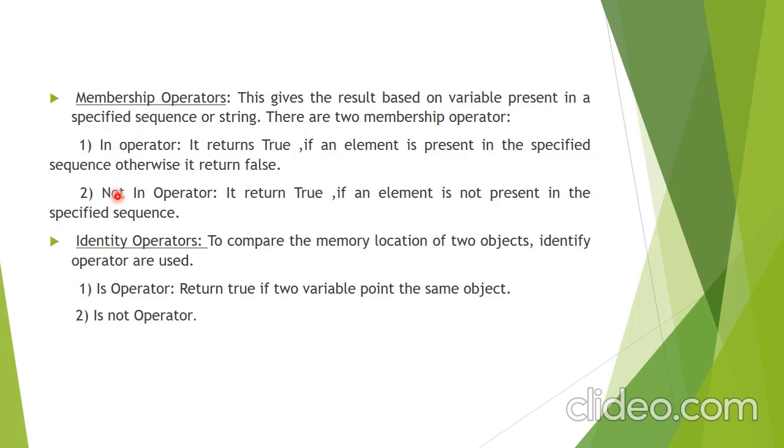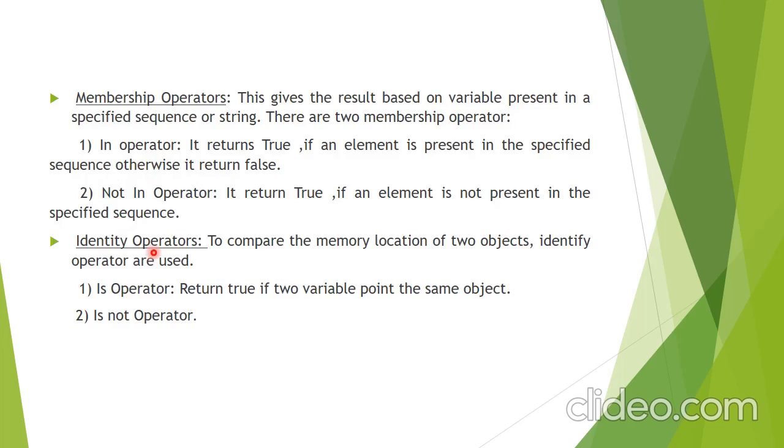There are two membership operators: the in operator and the not in operator. The in operator returns true if the element is present in the specified string or sequence, and the not in operator returns true if the element is not present. So it gives the reverse form. Clear? So there are two operators used: in and not in.